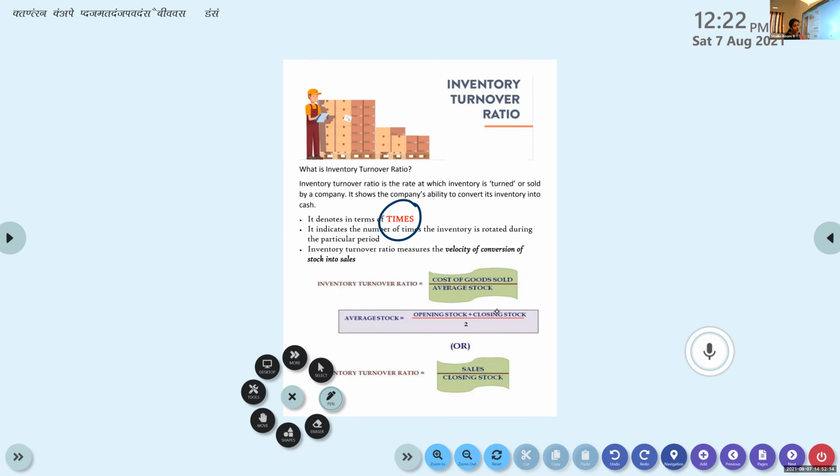You don't have to go for any other calculation. You will keep that itself as the denominator. If both information is given, it is very clear: opening stock plus closing stock divided by 2.